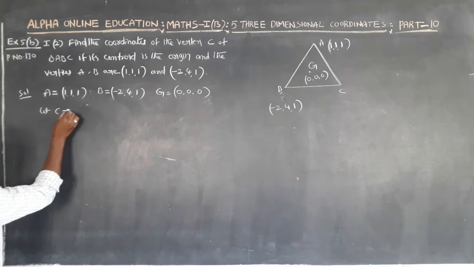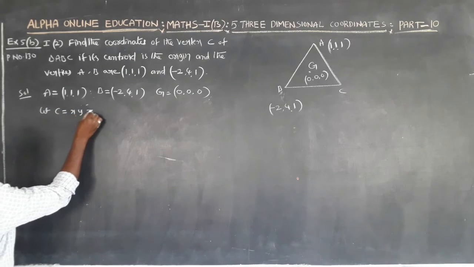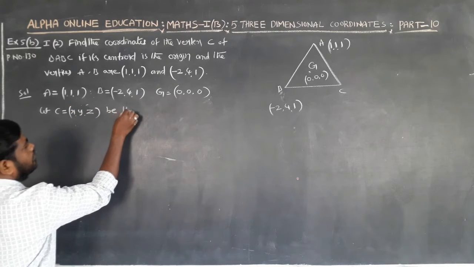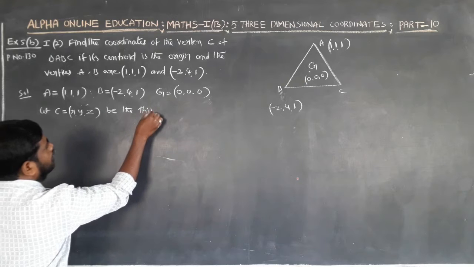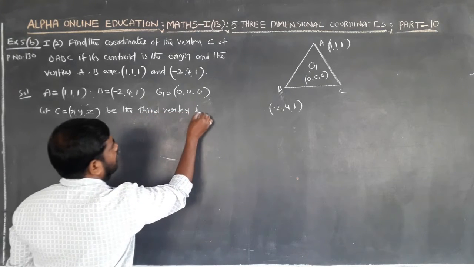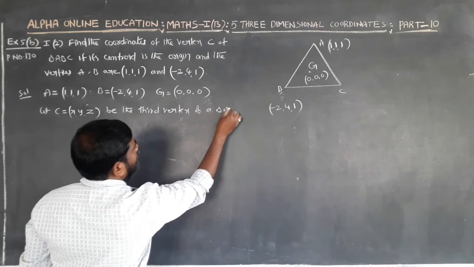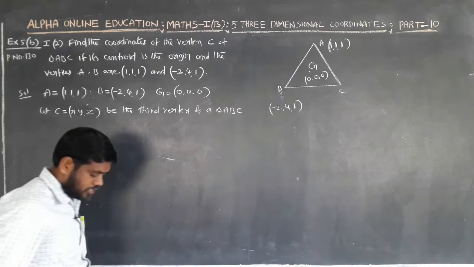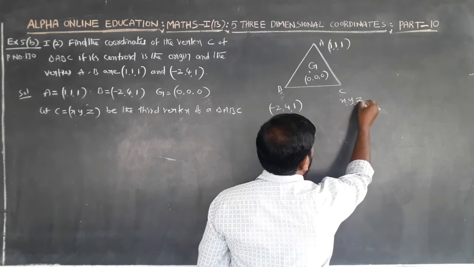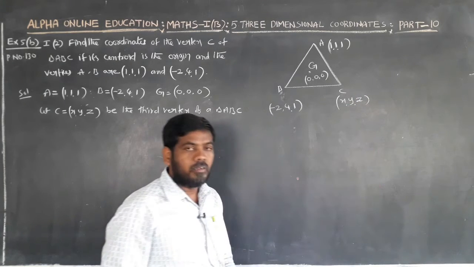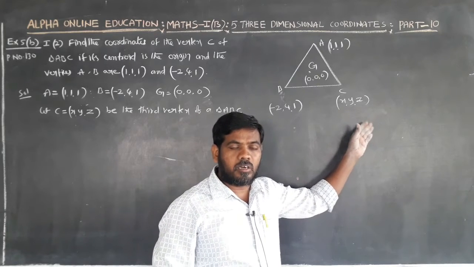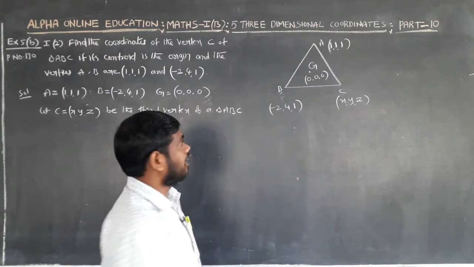Let C x comma y comma z be the third vertex of triangle ABC.